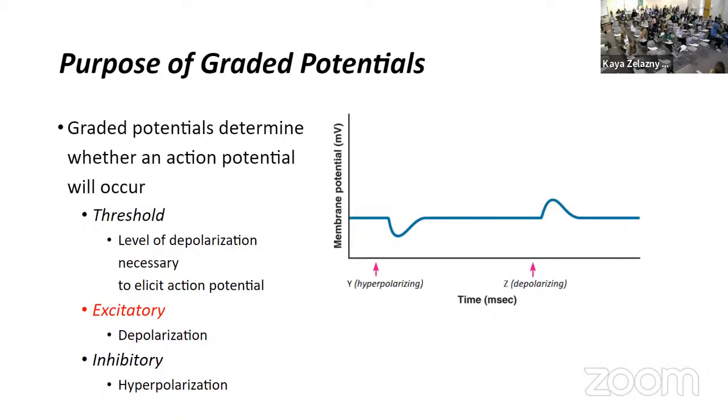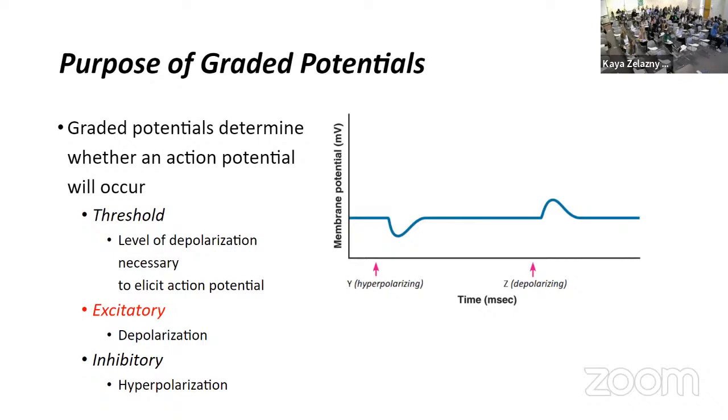So in order to elicit an action potential, we're going to have to reach threshold. The threshold that we're trying to get to is negative 55 millivolts. Unless we get to negative 55 millivolts, no action potential, no matter what happens, essentially.